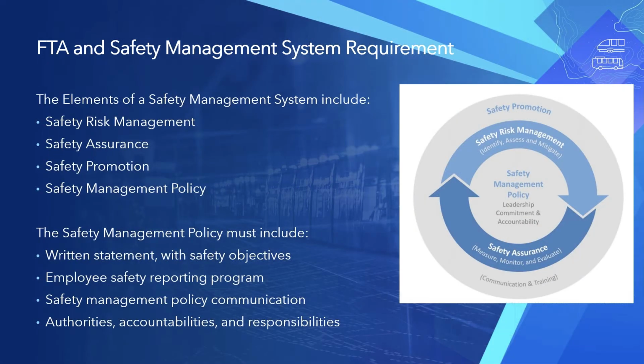So the safety management system is really at the heart of the agency safety plan. It has four major elements or components. At the center of the safety management system is the agency's safety management policy. That's designed to be a written document which effectively captures the policies, the goals, and the performance targets for the agency's safety performance.